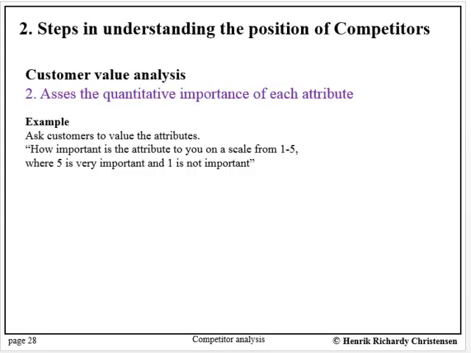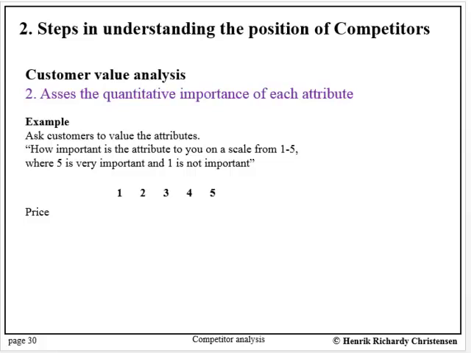Here, let's imagine that we are asking the customers about the attribute called price. So we would formulate the question: how important is price to you on a scale from 1 to 5, where 5 is very important and 1 is not important?